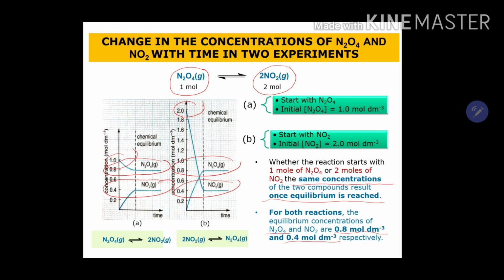That means whether starting from pure N2O4 or from pure NO2, the system will always reach an equilibrium mixture of N2O4 and NO2.